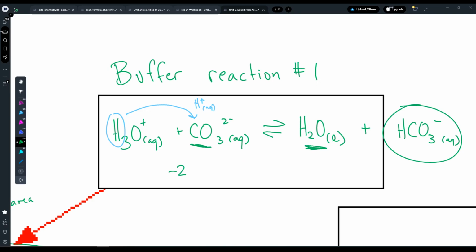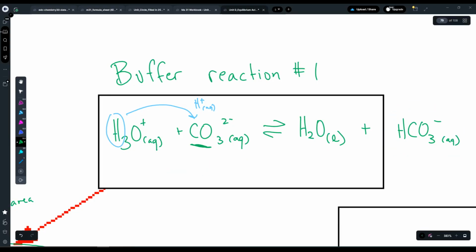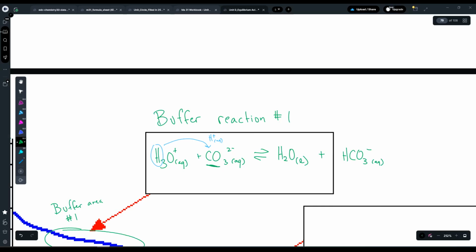It gained a proton, so -2 plus 1, that's going to give me -1. So that's how I'm figuring out the charges. So whatever you do, do not forget about charges and don't forget about states. And you also have to be able to predict what your products are. Okay, so these are just more Bronsted-Lowry reactions that we're writing.